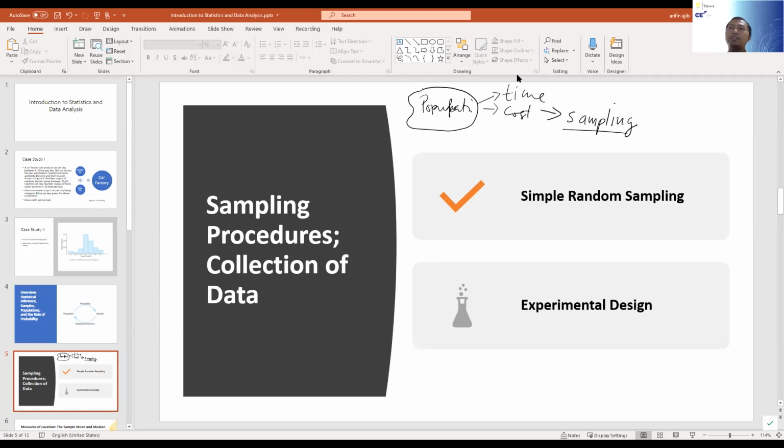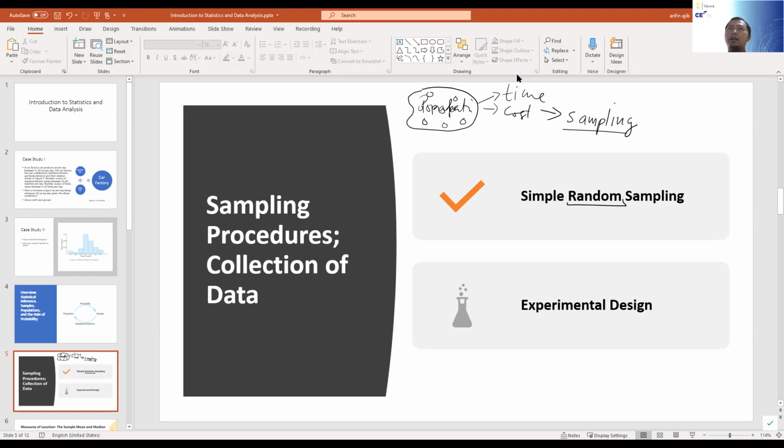The important criteria should fulfill the randomness. Based on the randomness, we expect that we can capture all of the information in the populations.